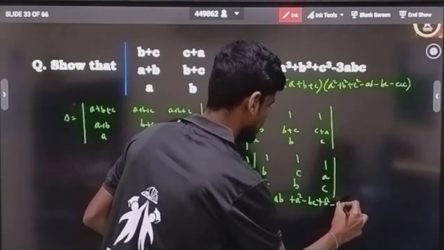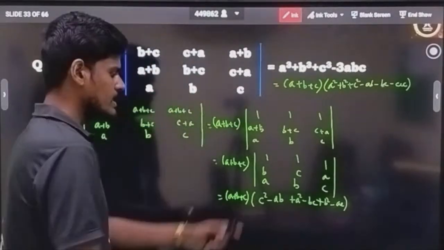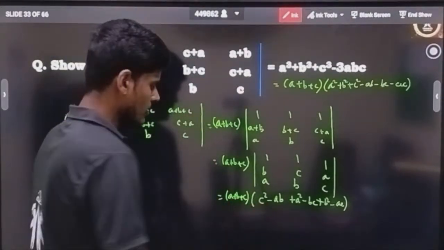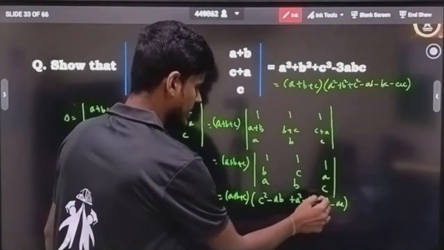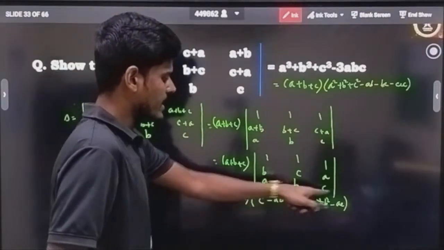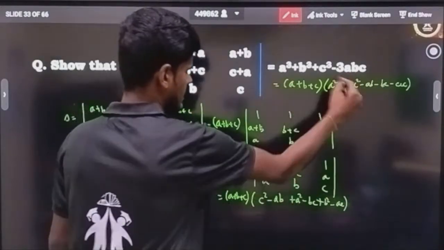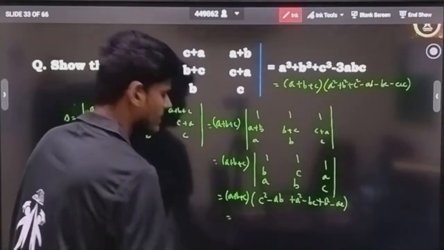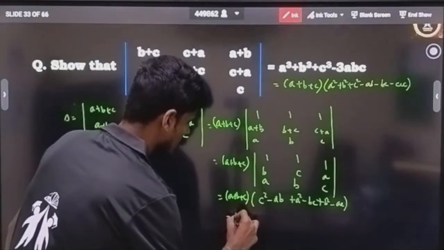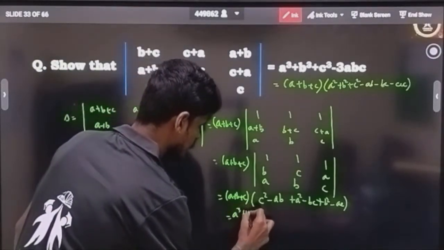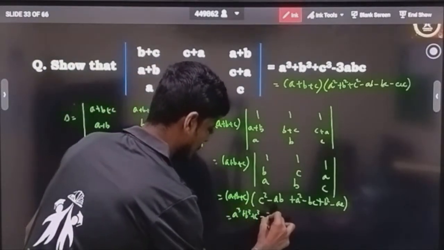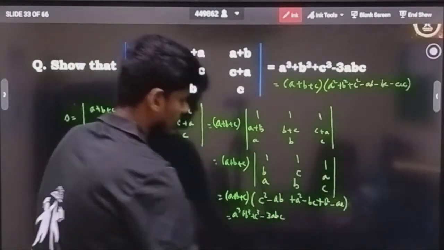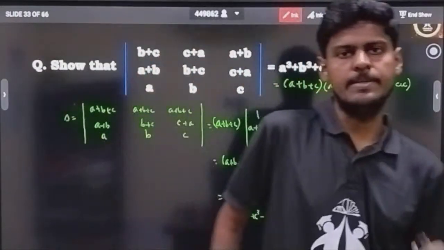Now what is this? A plus b plus c into a square plus b square plus c square minus ab minus bc minus ac. This is nothing but a cube plus b cube plus c cube minus 3abc. This is one way to solve this determinant.